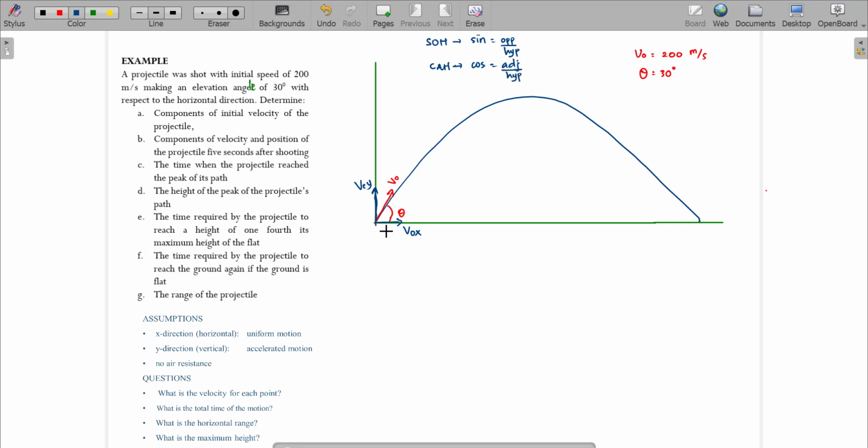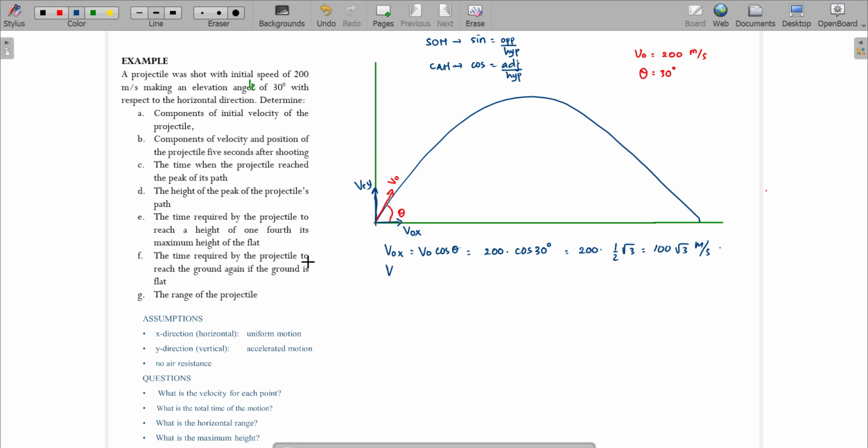Okay, because the initial velocity in the x-axis is the adjacent of V0, or initial velocity, we use cos. So V0x equals V0 cos theta. V0 is 200 and cos of 30 degrees is half root 3. So the result is 100 root 3 meters per second.